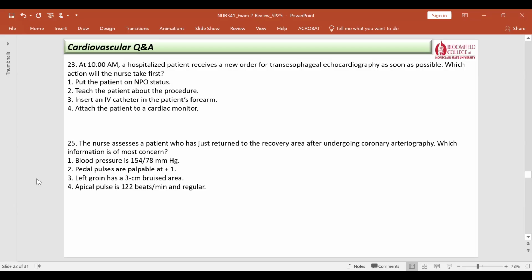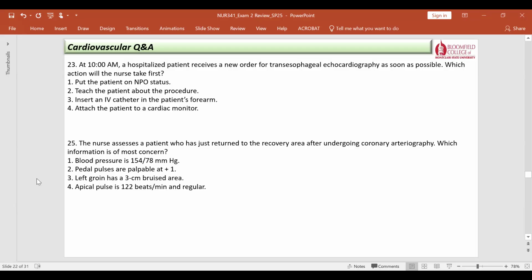So which action will the nurse take first? NPO status. Okay, yeah, exactly. Because usually they numb the throat, they anesthetize the throat with topical anesthetic like lidocaine spray, and also use IV sedation, like propofol or Versed.